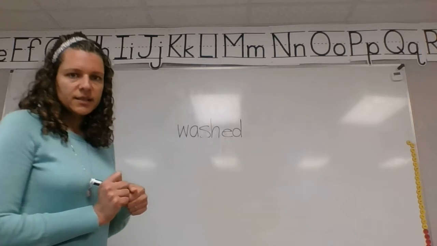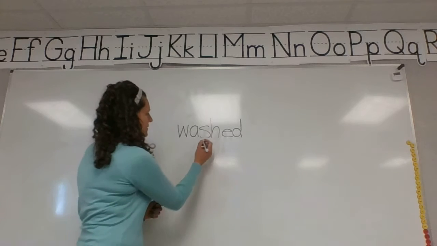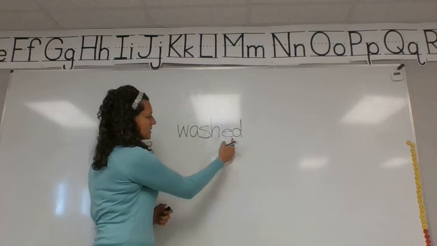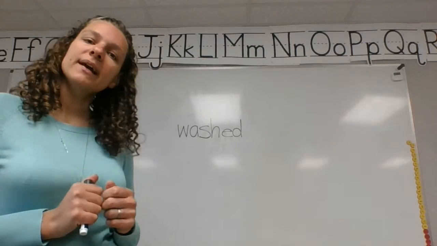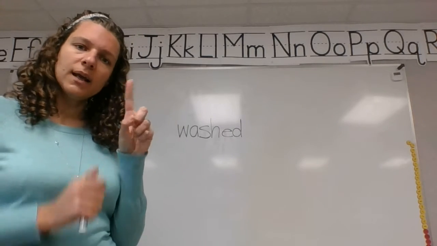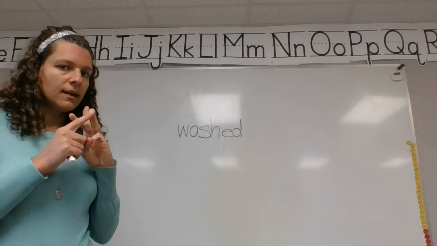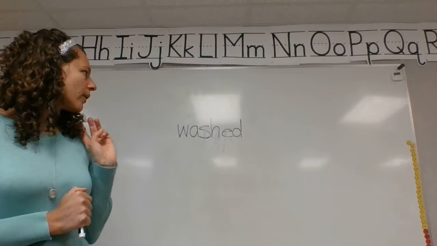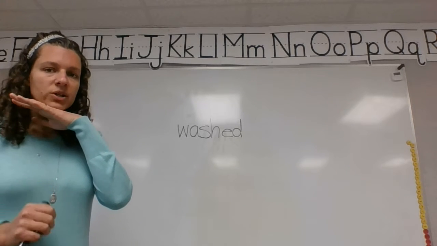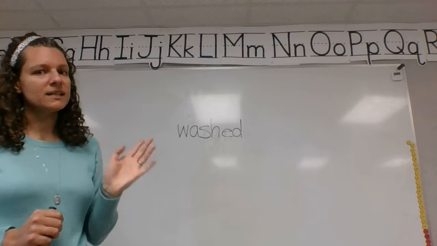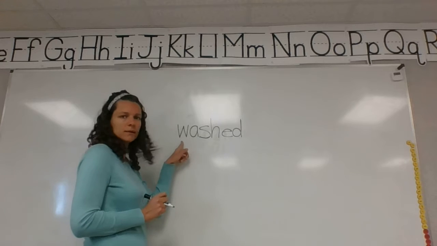The only thing we need to remember when we're doing regular verbs is if our ed gets its own syllable or not. So remember, if it's saying its first sound, ed, then it gets its own syllable. If it's saying d or t, it does not get its own syllable. So washed, I can always just put my hand on my chin and say the word and check. Washed. All right, that's still one syllable. And we'll just go ahead and mark it.